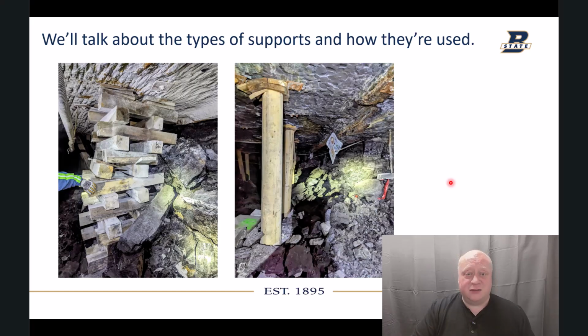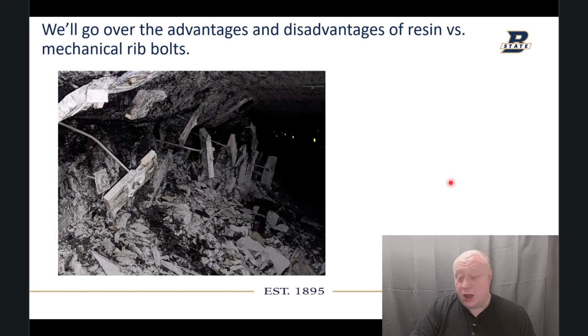It's a lot to think about when we're talking about the different types of supports, but we'll get into those as best we can. Yeah, we'll be talking about rib support too, rib bolts. We'll talk about the advantages and disadvantages of resin versus mechanical.